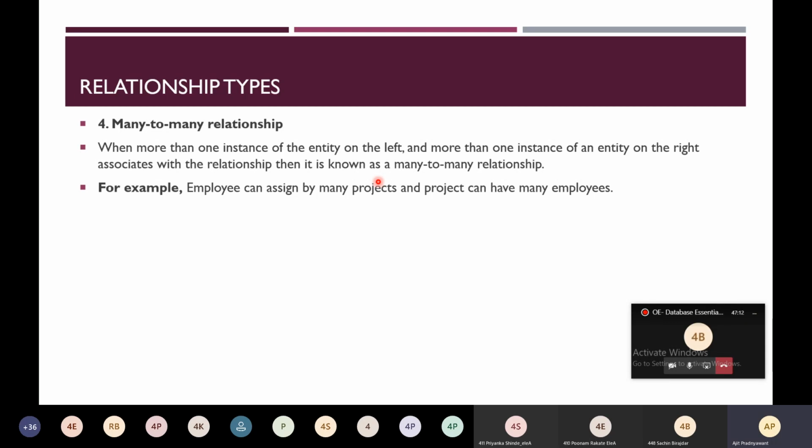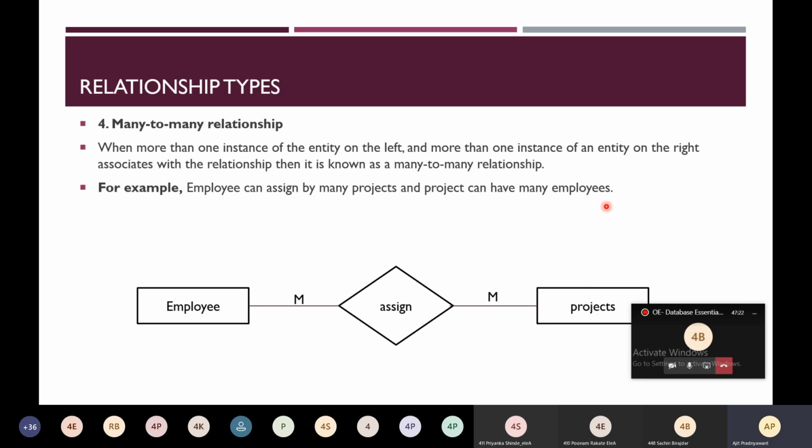For example, an employee can be assigned to many projects, and a project can have many employees. So here, many employees can be assigned to many projects, and many projects can have many employees. This is called a many-to-many relationship, and it is represented with this notation.